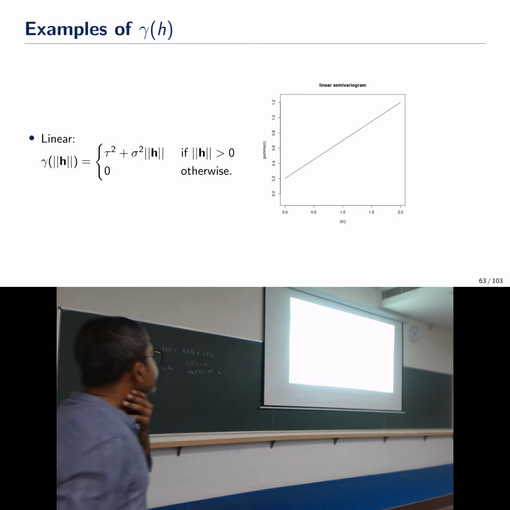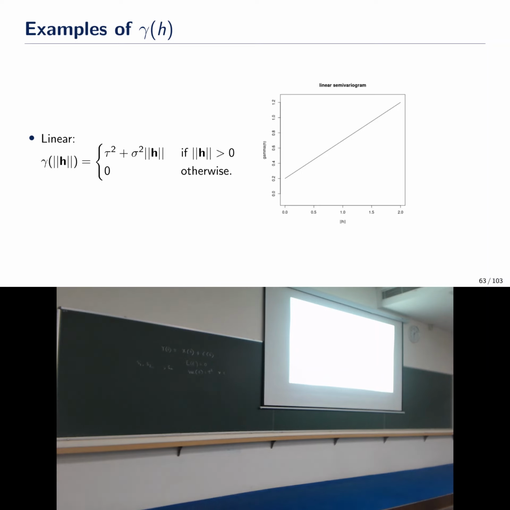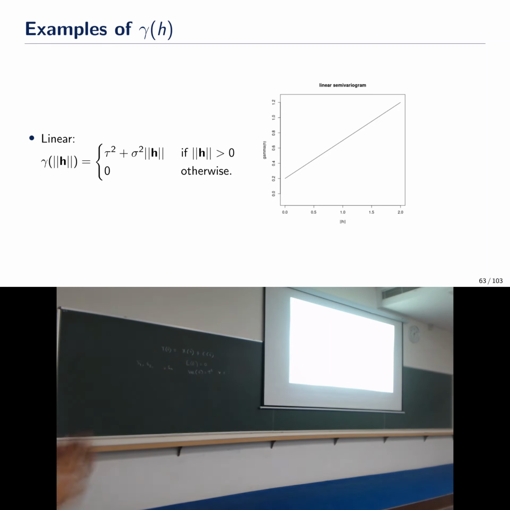Now, towards the beginning of this lecture, if you look at the slide, which I did not mention, we are interested in the larger variability as well as the smaller variability when we work with this geostatistical data. That smaller variability is taken care of by this particular epsilon. It has nothing to do with the spatial structure as such. So that is where this tau square arrives from, and that's called the nugget.